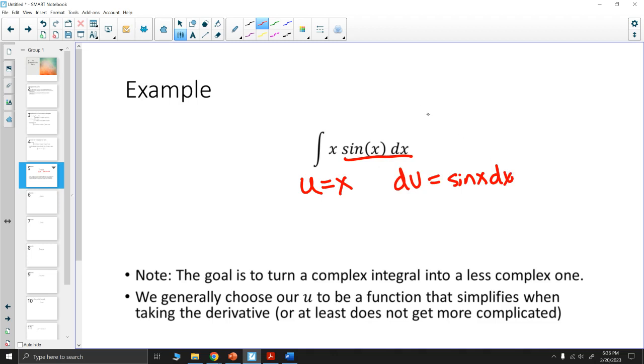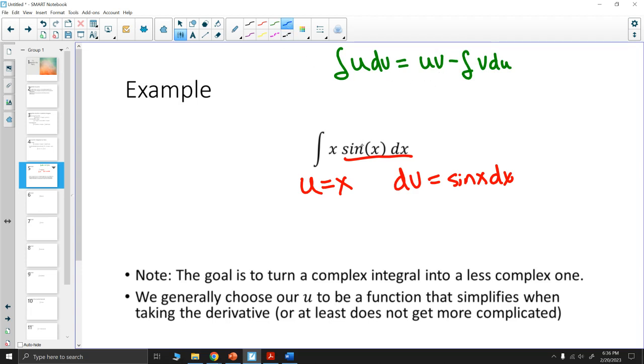A couple things to note: my u's are like this. Again, the integral of u dv is equal to uv minus the integral of v du. I use the serif, the little tail, on my u's, which I obviously don't on my v's. That's how you tell them apart.